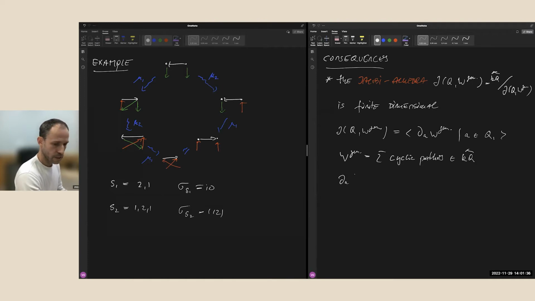And the cyclic derivative sends a cycle of arrows A1 to AD to the sum I obtain when I consecutively leave out the arrows which are A. And this is due to Derksen-Weyman-Zelevinsky and Plamondon.